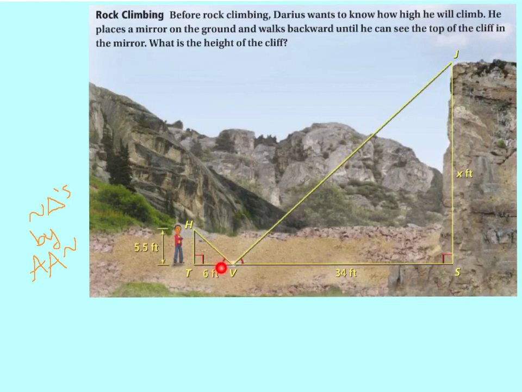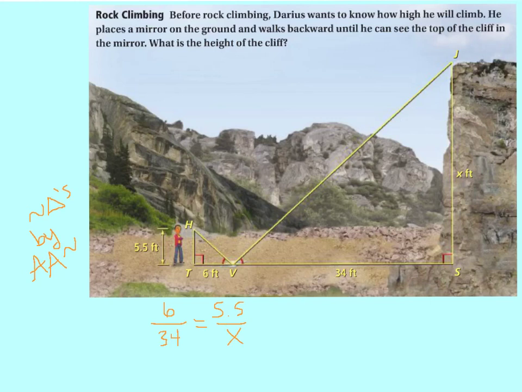So 6/34, because those are my distances of my small and my large triangle, must be equal to 5.5 over the whole height of this cliff, which is x.